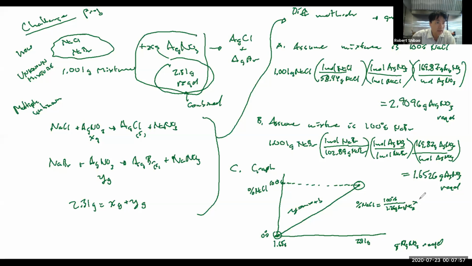X is the grams of silver nitrate required, plus b, the intercept. The intercept is 0. No, actually, the intercept's not 0, is it? It is.